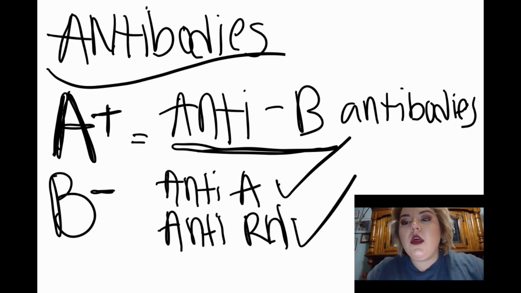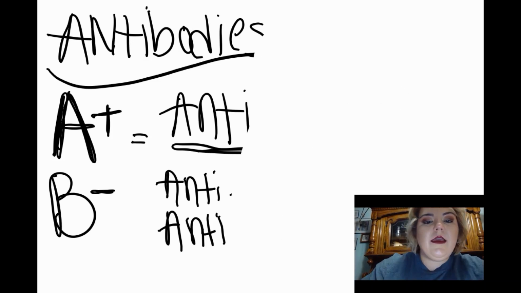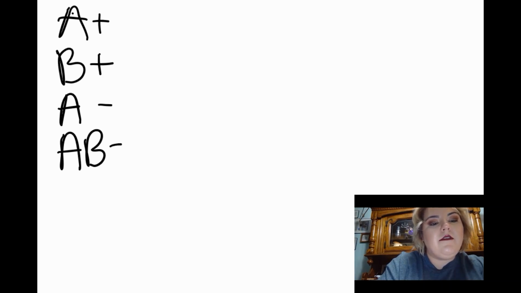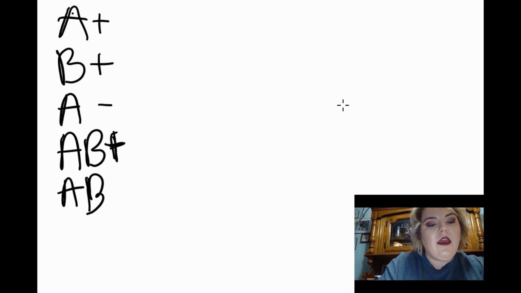So let's go in and just make a little chart here. We have A positive, B positive, A negative, AB positive, AB negative, O positive, and O negative.